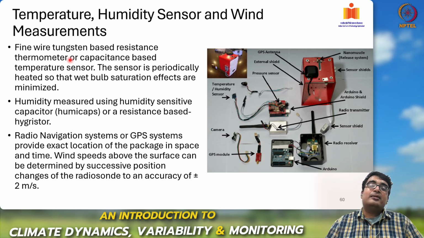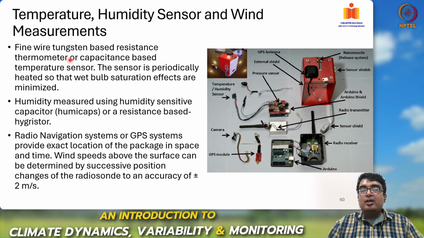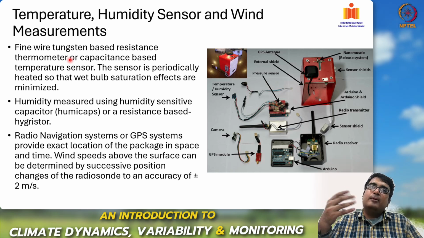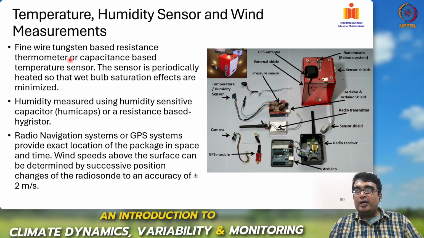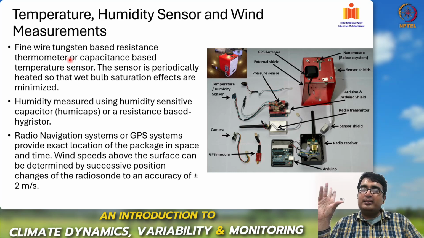Whatever method is used, the sensor is periodically heated so that the wet bulb saturation effects are minimized. Because it becomes cold, water vapor tends to collect on the surface of the temperature sensor bead. So when it's not measuring, you may periodically heat it quickly to evaporate the water and then let it come down to a stable temperature and then measure the temperature. That way dry bulb temperature can be more easily measured.